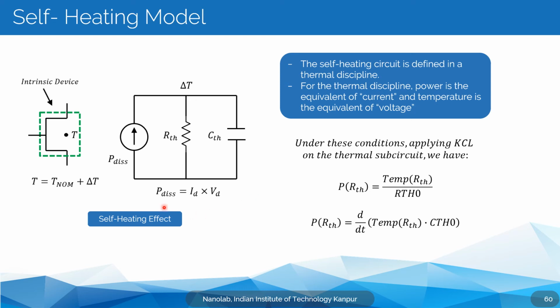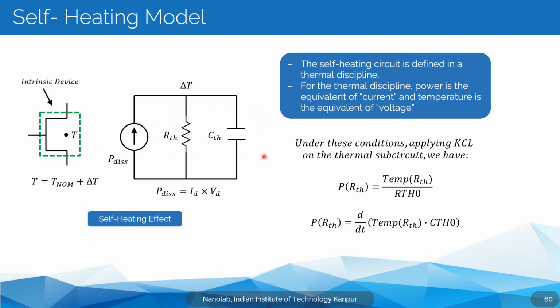The current flowing through the circuit is basically the power dissipated in our device, and that power is then moved through two components. Basically, this is an RC circuit, with a resistive part and a capacitive part. The capacitive part gives you the dispersion, and the resistive part gives you the magnitude. These two combined give you a certain time constant, which gives you the frequency dependence of self-heating.